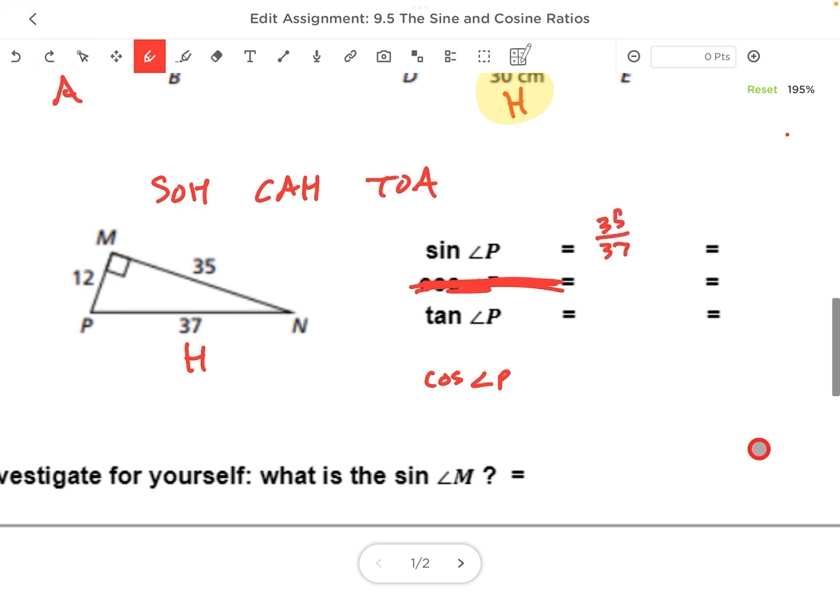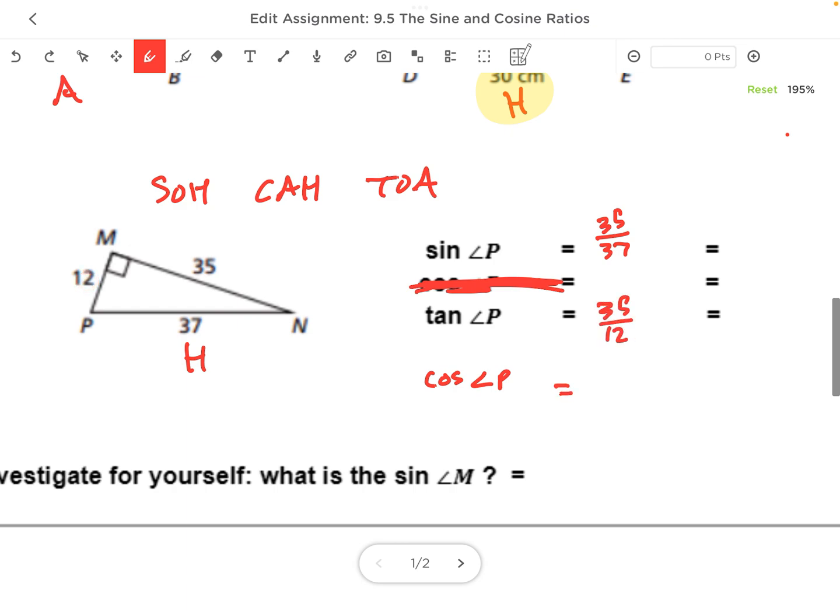Okay, now the tangent of P would be opposite over adjacent. So opposite would be, I'm sorry, tangent, opposite, right? 35 over adjacent would be this one, 12, right? So 35 over 12.